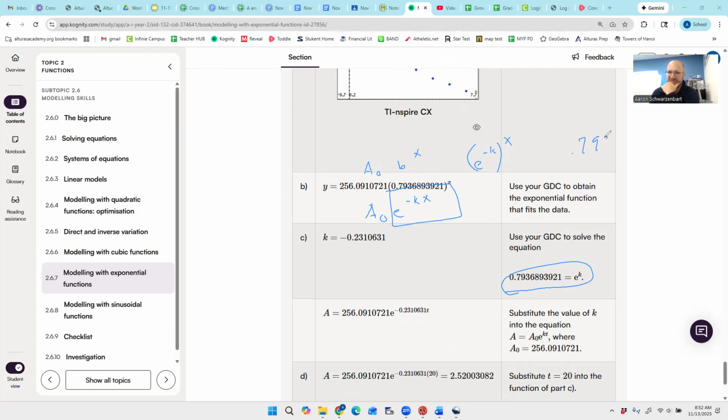So if I've got 0.7937 equals e to the negative k, I take ln of both sides. And then I divide by negative 1, and I get negative ln 0.7937 equals k, and that's my k value.